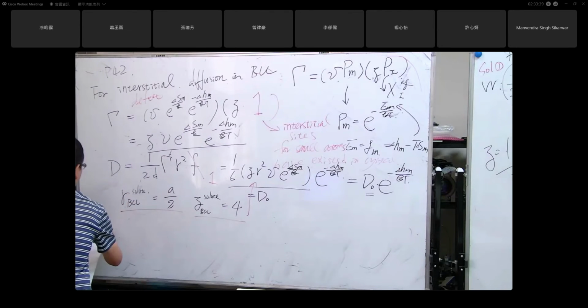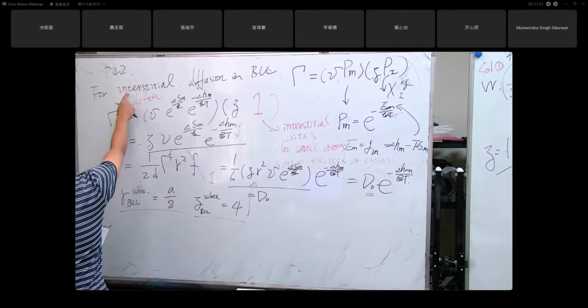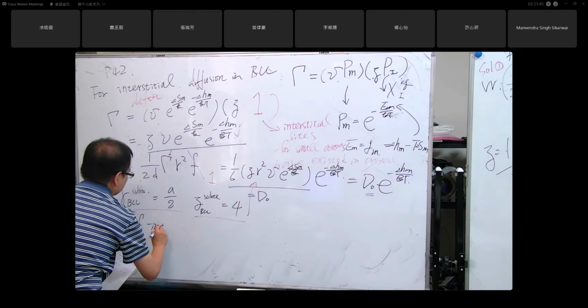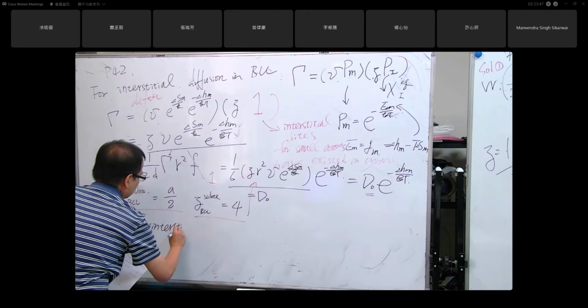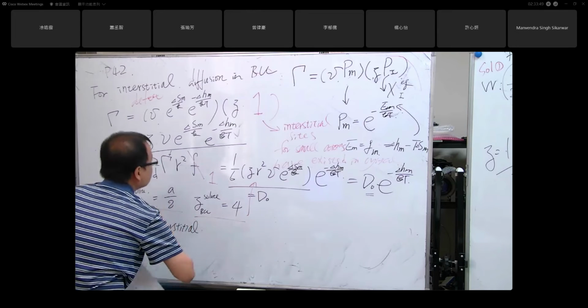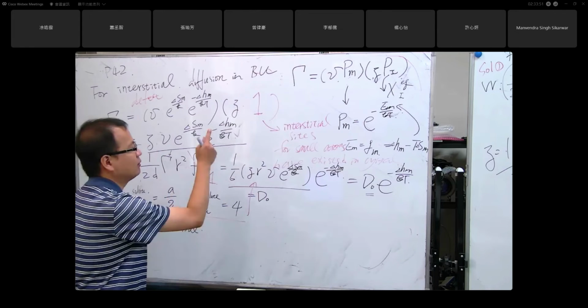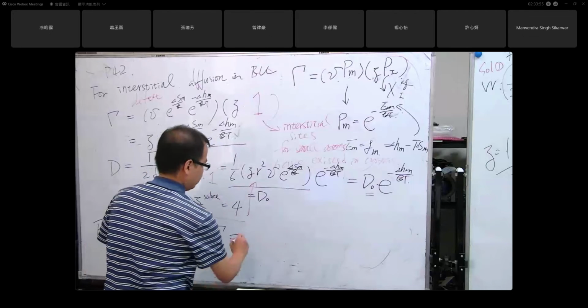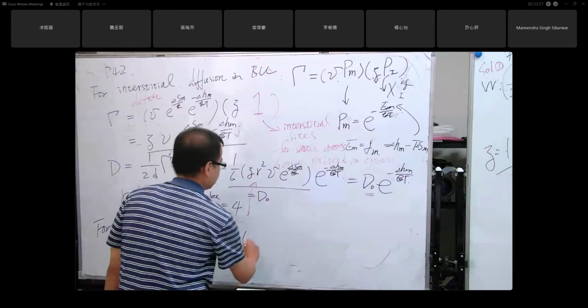Okay, the same for BCC. Let's change it. Self-interstitial. Okay, let's look at it. Okay, safely write it one by one. Don't skip, then you won't feel confused.